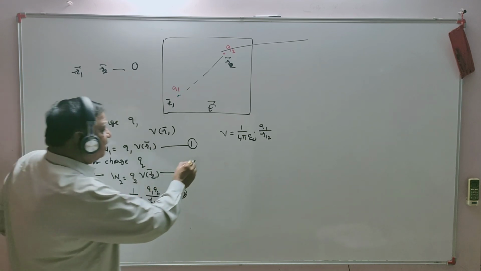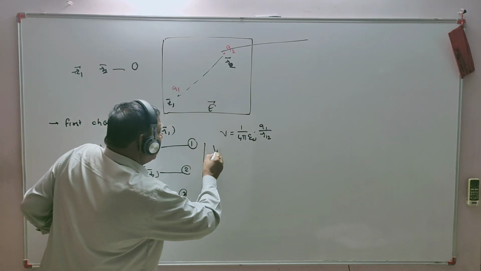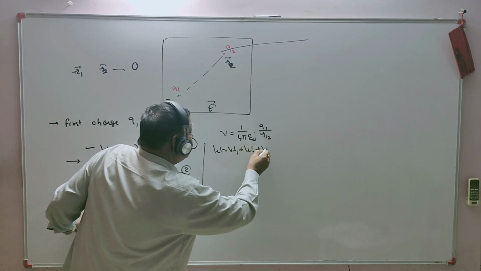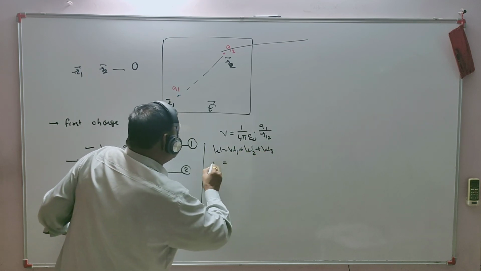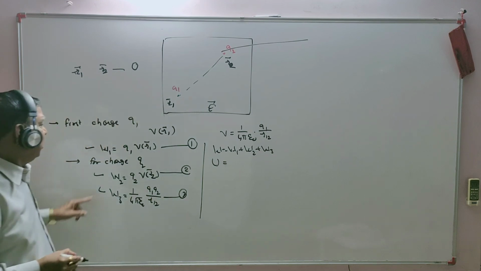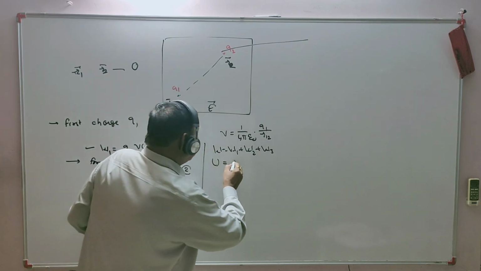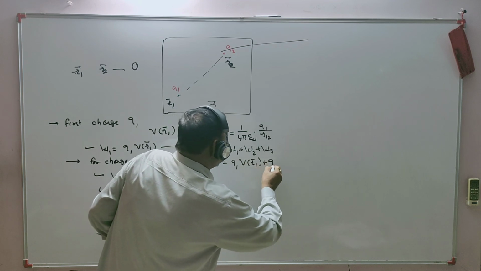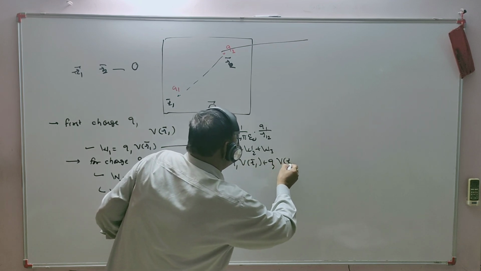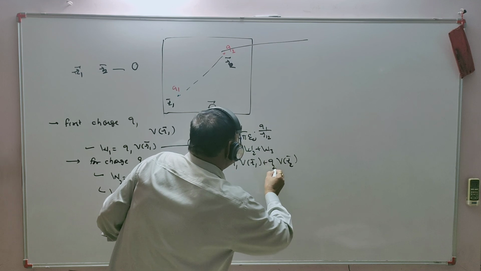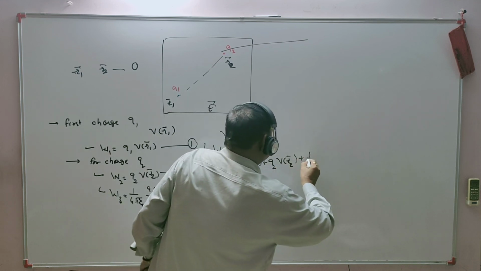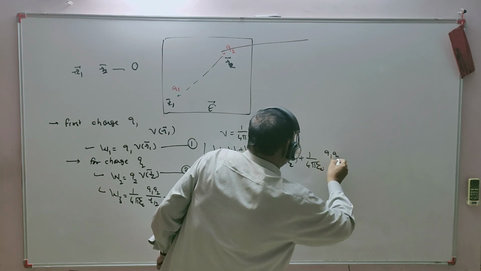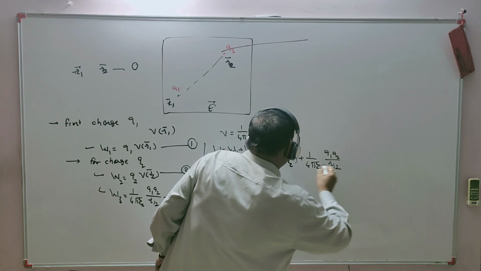So the total work required to be done, as it is conservative, is W1 plus W2 plus W3. So the answer is q1 V(r1) plus q2 V(r2) plus 1 upon 4 pi epsilon 0 q1 q2 by r12.